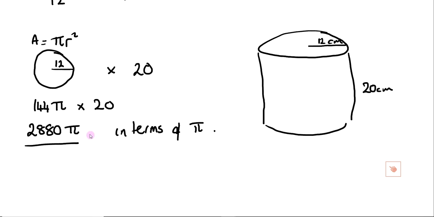What are the units? So this is volume, don't forget that. So it's cubic centimetres. What is it as a decimal? 9.4743.